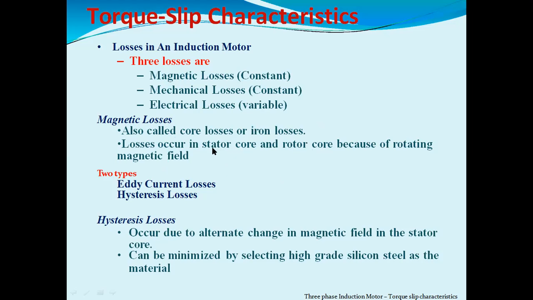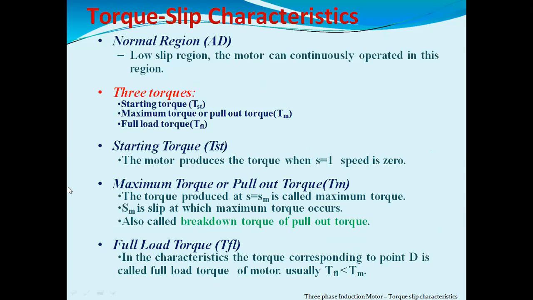About these losses, we can call them the eddy current loss or the hysteresis loss. Eddy current means that if there is any error in the power supply, or if you are not doing the grounding properly, some amount of current will flow. That current we call eddy current loss.